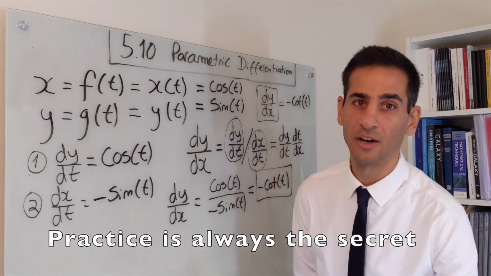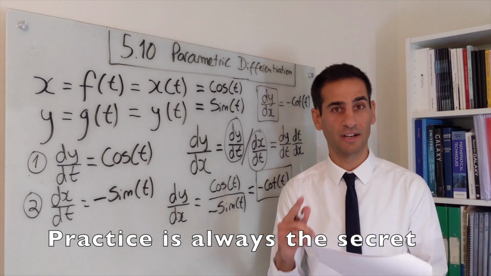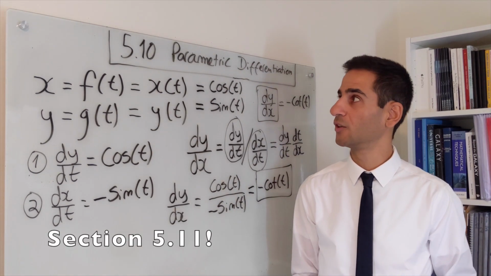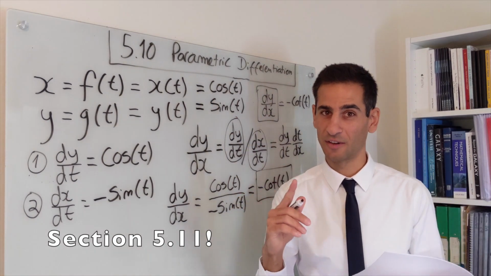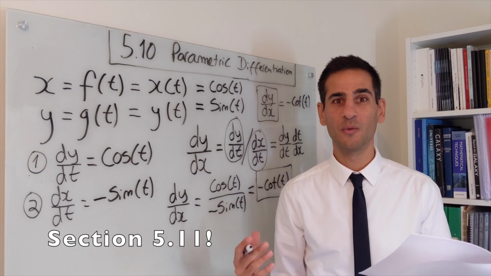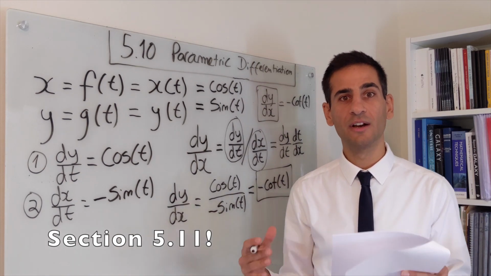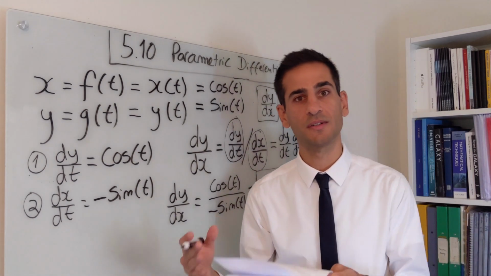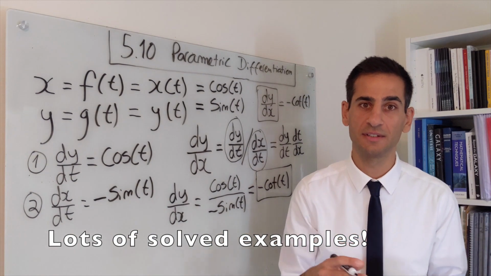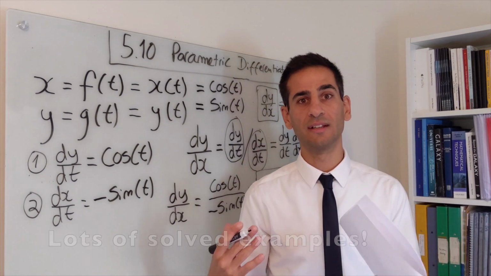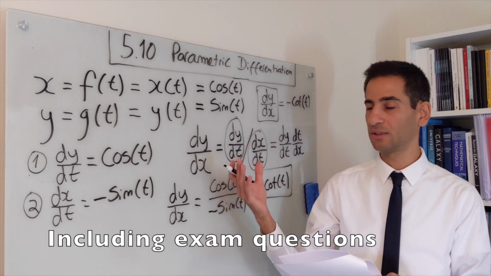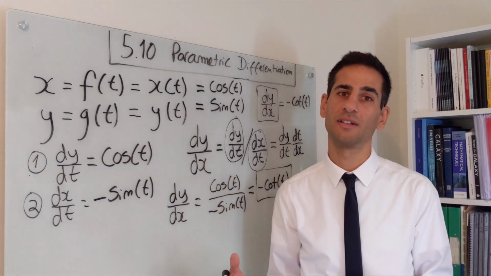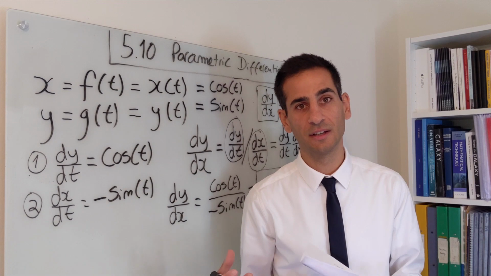And therefore, I would recommend that you have a careful look into the lecture notes. After section 5.10 comes section 5.11, where you have a range of solved examples, also based on supplementary questions and also on things that come up in the exams, also showing you the level of detail and explanation that is expected from you.